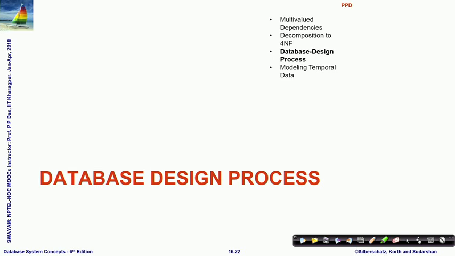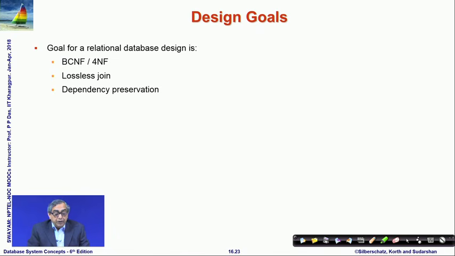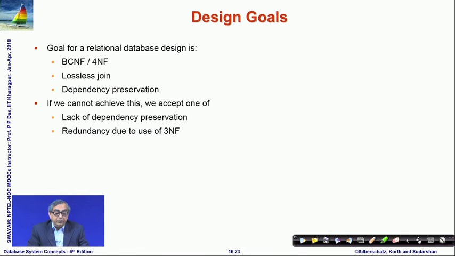But leaving that, let us quickly take a round of what we have done so far and what is the basic overall design process that we should be following. Again, to remind you, the goal for our design is to have a relational database which is in BCNF or 4NF, has a lossless join due to the decomposition, and dependency preservation. If we cannot achieve that, I am sorry, earlier what I meant is BCNF or 4NF, not BCNF and 3NF.